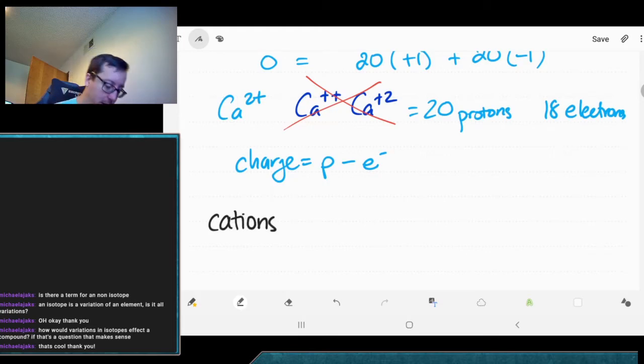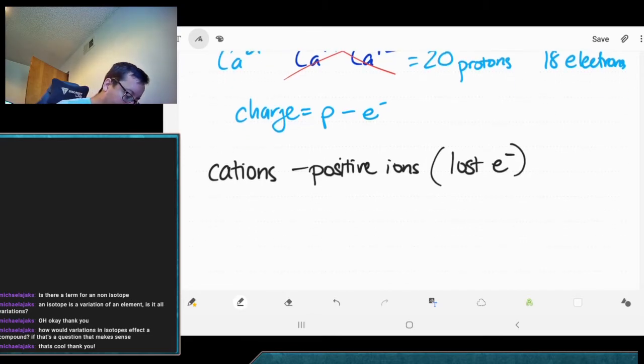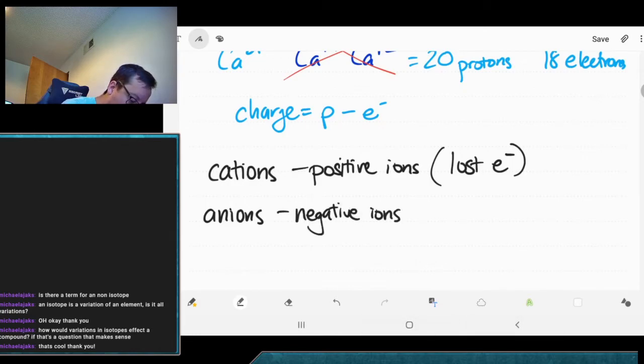These are positive ions, and they have lost electrons. In order to be positive, you've lost electrons. So you've given them away, or something has taken them from you. You're a cation. On the other side, we have anions, which are negative ions, and those have gained electrons.